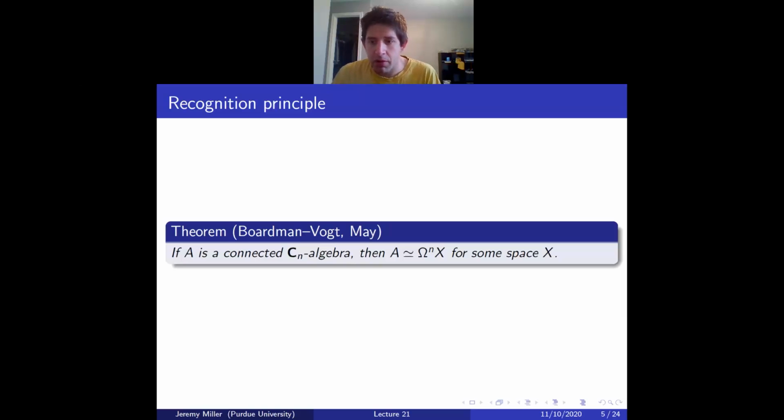This is called the recognition principle, and it gives you a way of recognizing when a space is homotopy equivalent to an n-fold loop space. Historically, these kinds of theorems were useful for building models of spectra, but I'm not going to focus on that in this course.